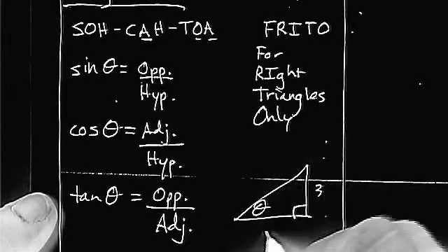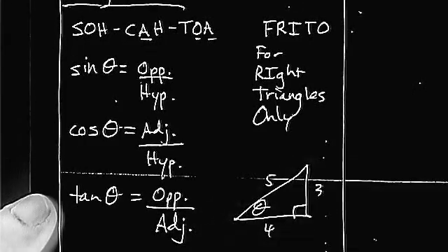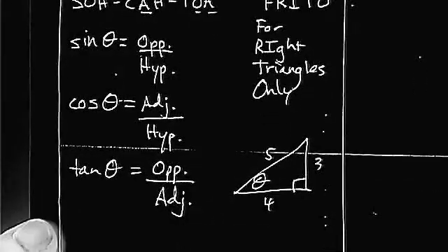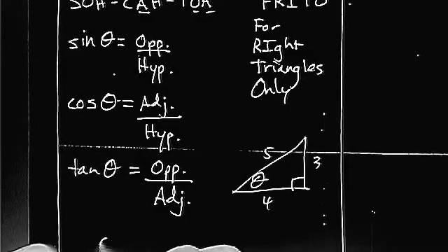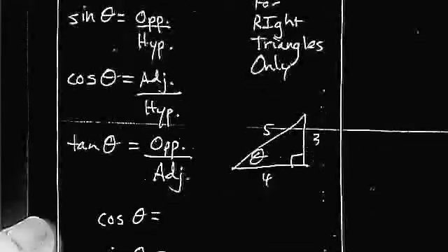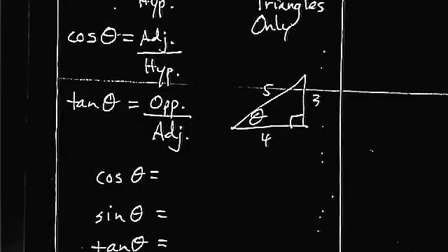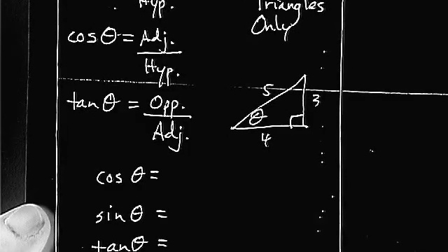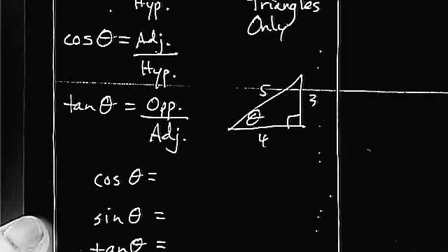Suppose we had a really nice 3, 4, 5 right triangle, and I ask you for these 3 values. What's the cosine of theta? You could even leave it as a fraction.